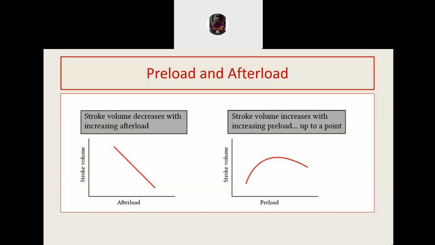Okay. Now, the concept of contractility is very interesting and it's very mathematical. So, see, we have already said that within physiological limits, the cardiac output or stroke volume, as you might say, is proportional to the preload.